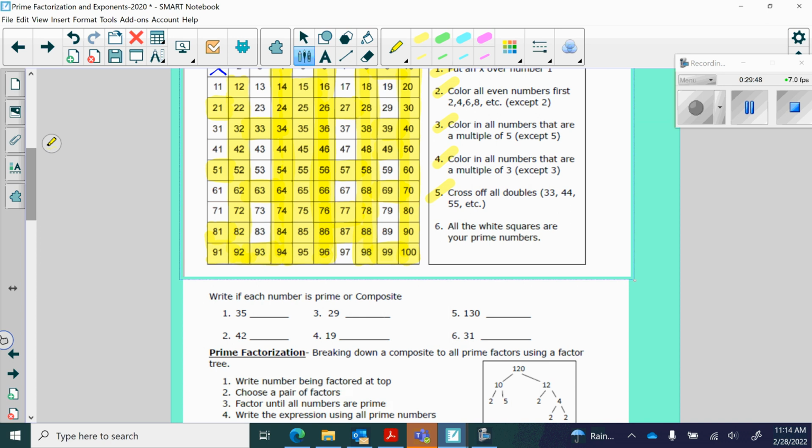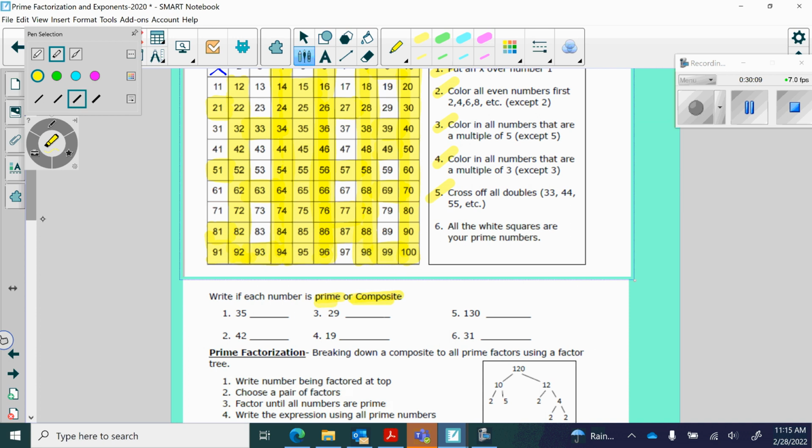You're going to check all 6 numbers, right, if they are prime or composite. Quick question, does it say write P or C? No, it says write prime or composite for each of those 6. Try to do it without looking back at your chart. I will give you a hint. Your key numbers, 2, 3, 5, and 7, will give you the answers. 2 minutes, go.